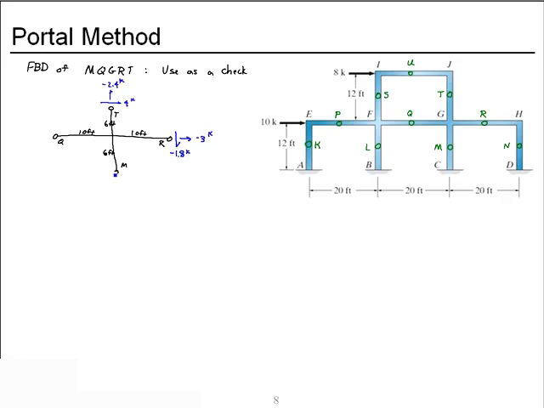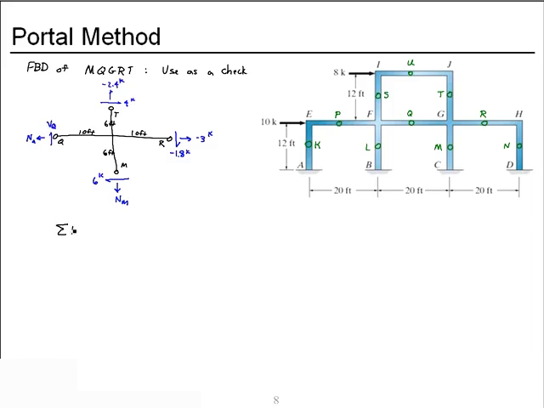Down here at M, we used our Portal method assumption, and since this is an interior column, we assumed that the shear at M is 6 kips. We don't know the normal at M, and I want to calculate the normal at Q and the shear at Q to check our previous results.